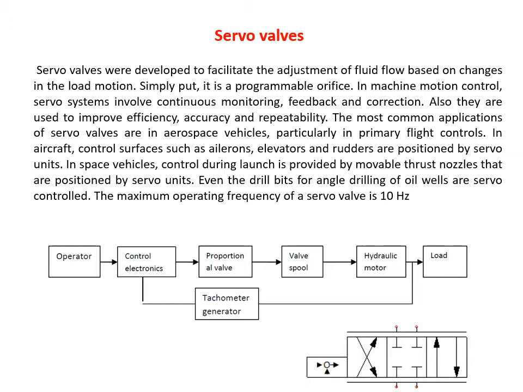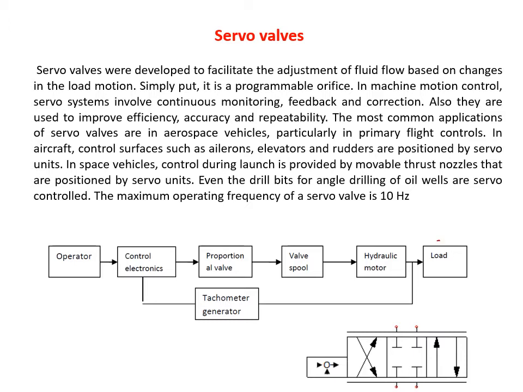The maximum operating frequency for a servo valve is around 10 Hz, and the basic operation of a servo system is like this: the operator drives the control electronics, which gives a signal to the proportional valve. It has a valve spool to operate, and by using this valve spool you can control a hydraulic actuator, let's say in this case a hydraulic motor.